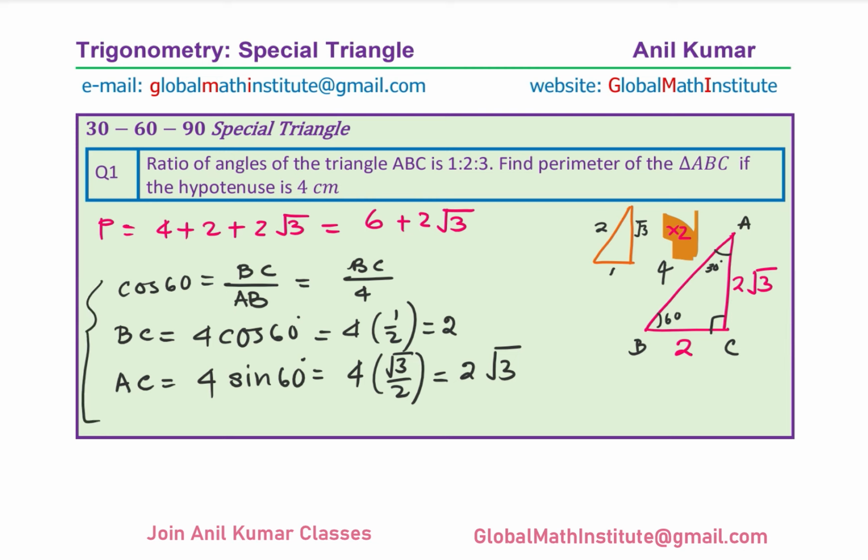So what we did was we avoided them. And why we could avoid? Because we could use concept of special triangle. Do you understand how powerful this technique is? So that is how you are going to solve this question in less than a minute, right?